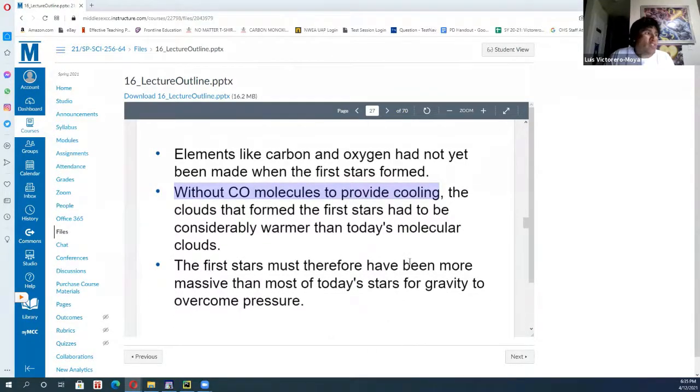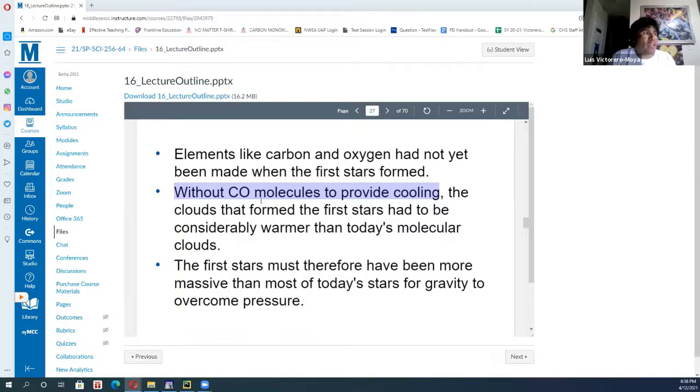So most of these clouds had to be formed or most of the stars had to be larger and warmer. And the molecular clouds had to be warmer as well. All right? And for gravity to overcome pressure, they had to be more massive. So a star like the sun would not have been able to be produced or born yet.